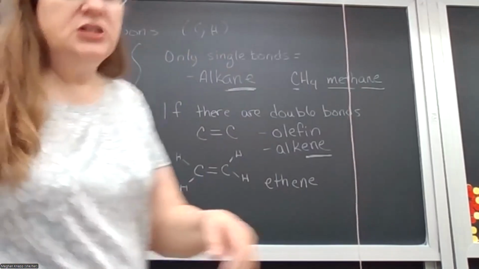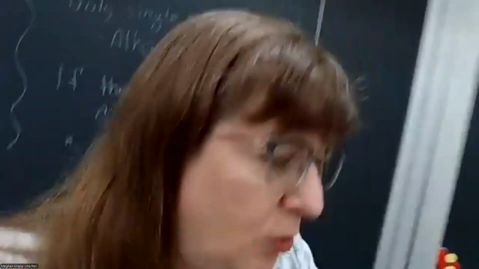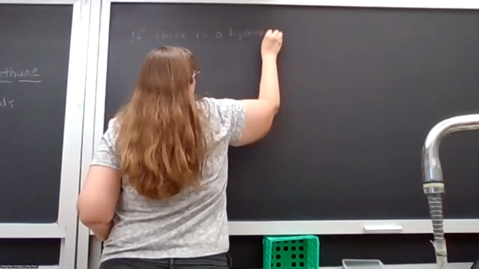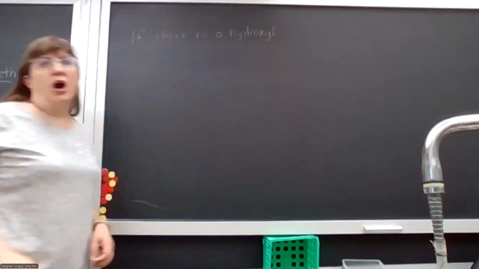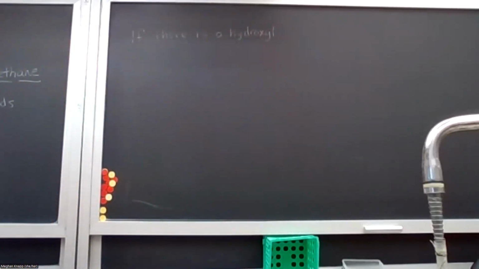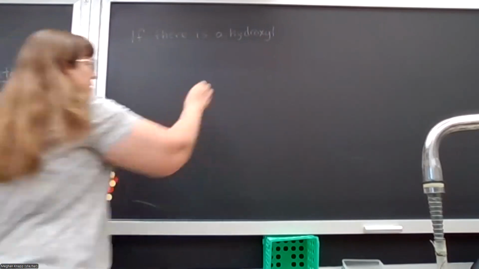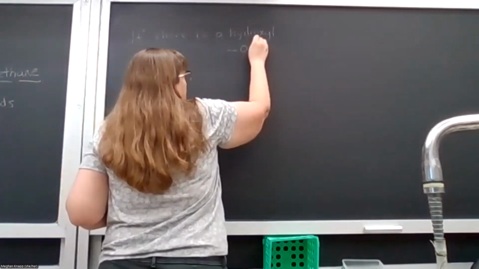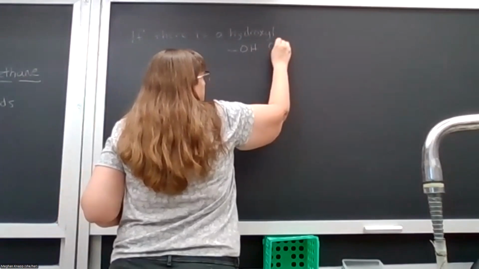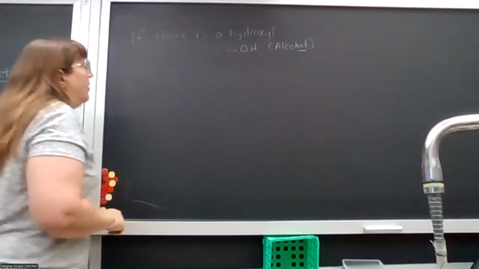We also talked about if we had an alcohol, which has the name hydroxyl. So in the assignment that you're going to do, it talks about there being a hydroxyl. That means there is this OH group, which is also called an alcohol group.